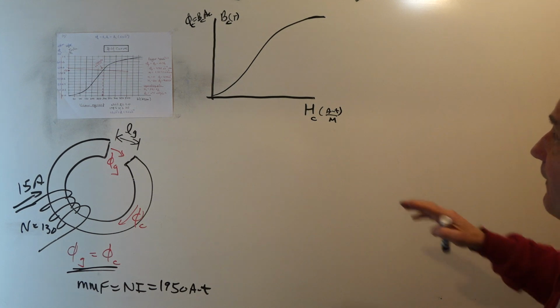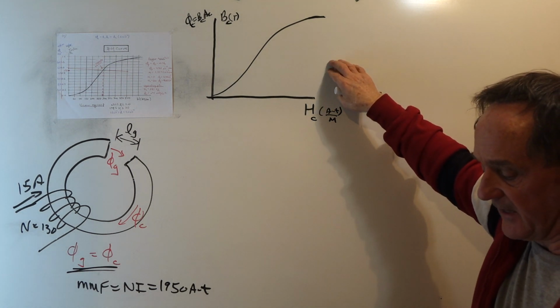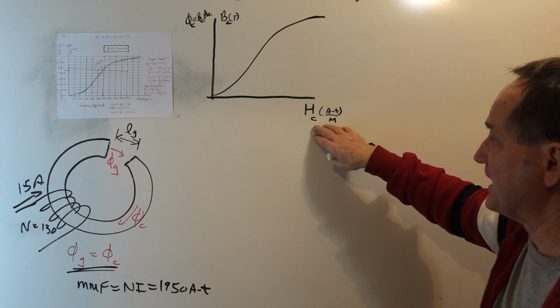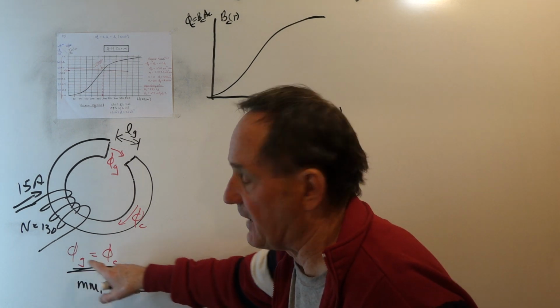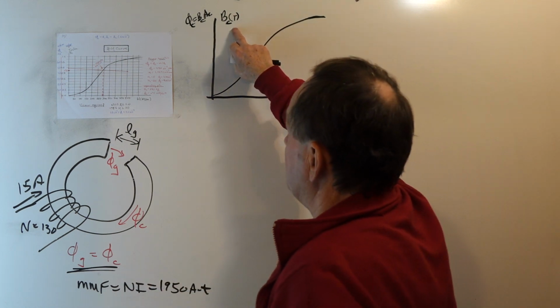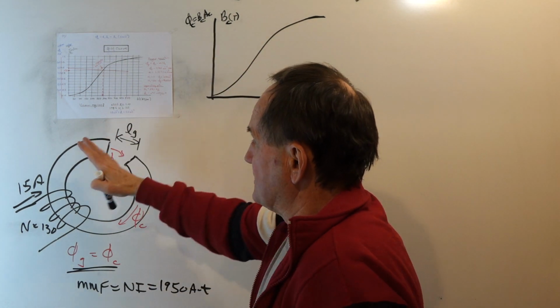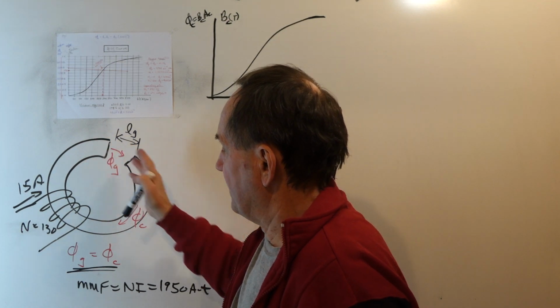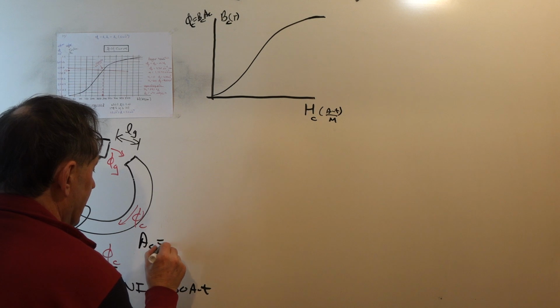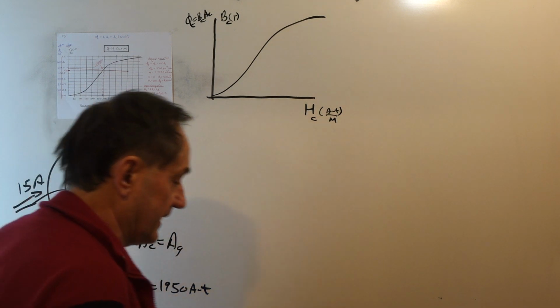We have to modify our BH curve here, the scale, to represent the flux in the core versus HC, because it's the fluxes that we need to equate between the gap and the core, not the B fields in general. Before, we could equate the B fields because we had assumed that the area of the core equaled the area of the gap.